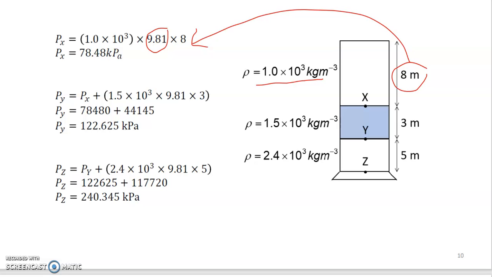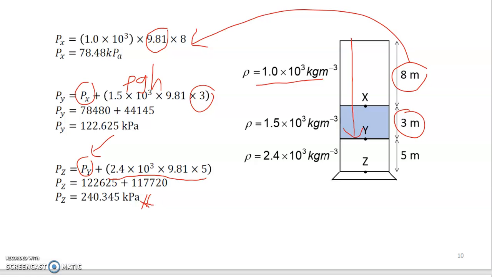If we want to calculate pressure at Y, we need to calculate from the top to the bottom. So we need to add pressure X, then we calculate pressure for Y, using the height of 3. The same goes for pressure at Z. We need to add pressure Y and then calculate pressure for Z. The pressure at Z is 240.345 in units of kilopascal.